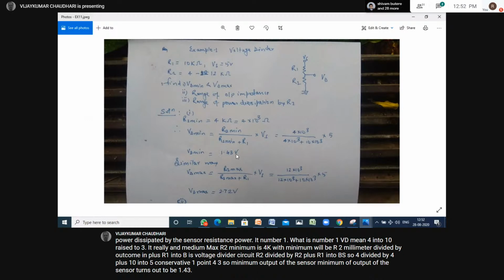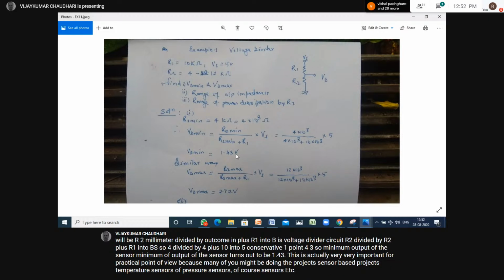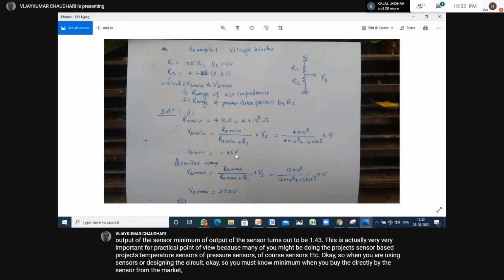This is actually very important from a practical point of view, because many of you might be doing projects, sensor based projects, temperature sensors or pressure sensors or force sensors, etc. So when you are using sensors or designing the circuit, when you directly buy the sensor from the market, you must see its minimum output voltage and maximum output voltage, the range, right?